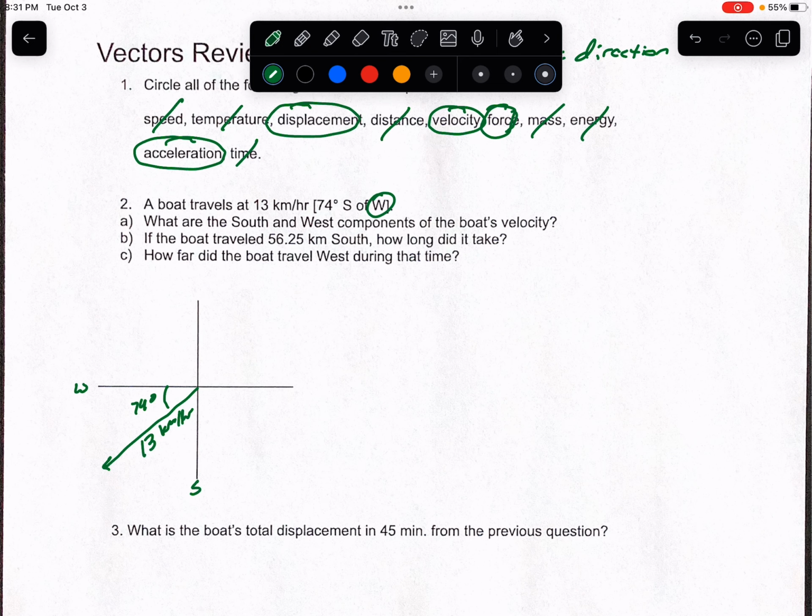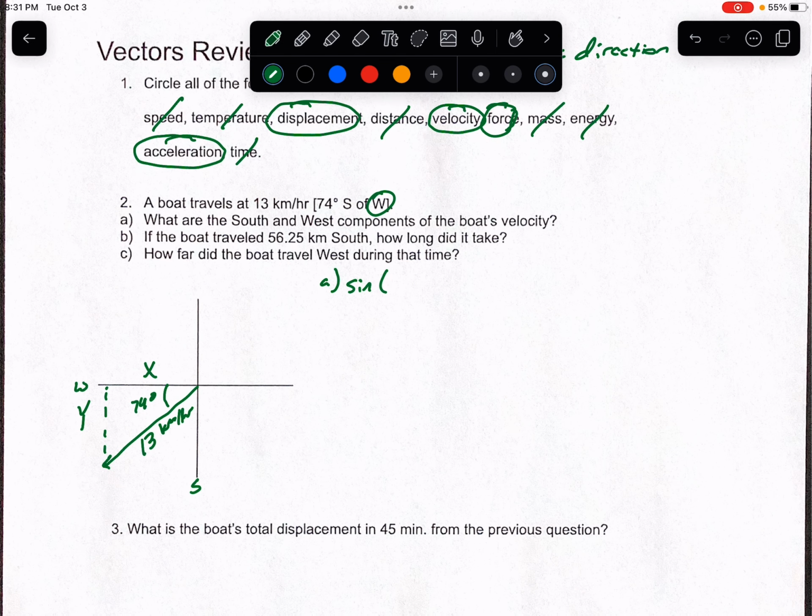Part A asks, what are the south and west components? That means we have to break this down into x and y. You can label it whatever you want, as long as you can tell me which one is west and which one is south. If I want to find my opposite, which is y, the only function that uses opposite and hypotenuse is sine.